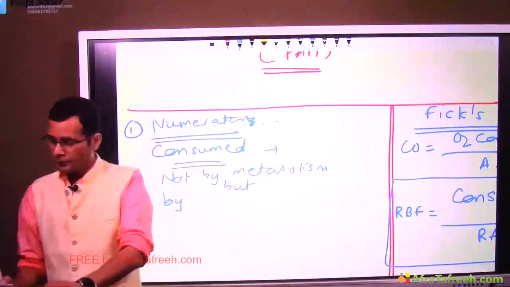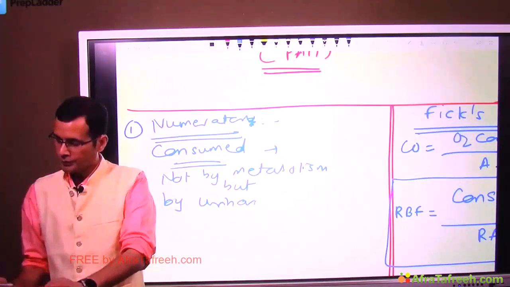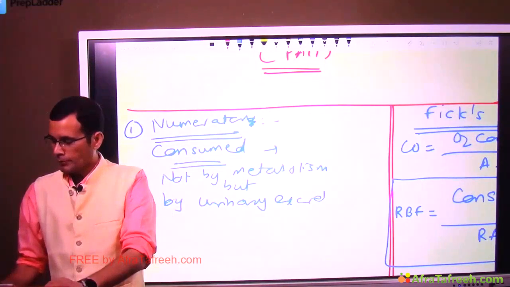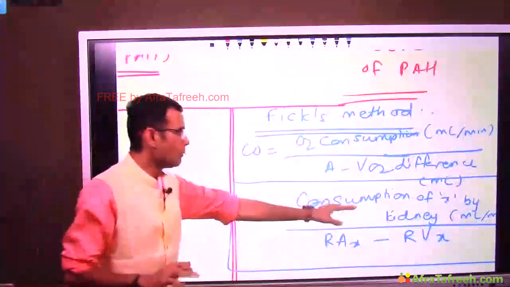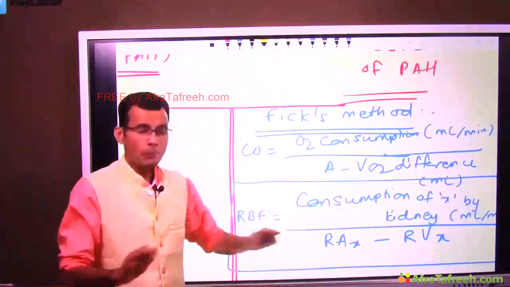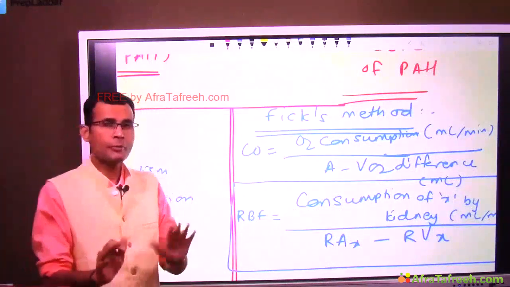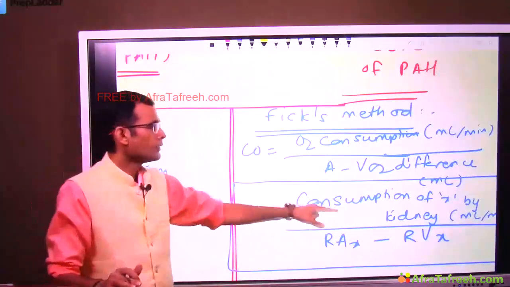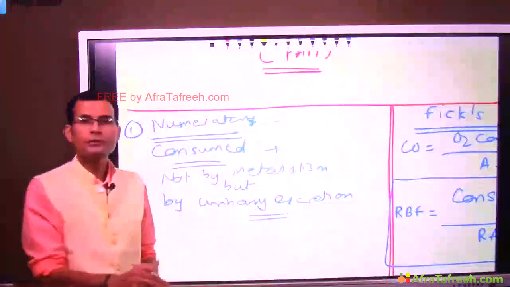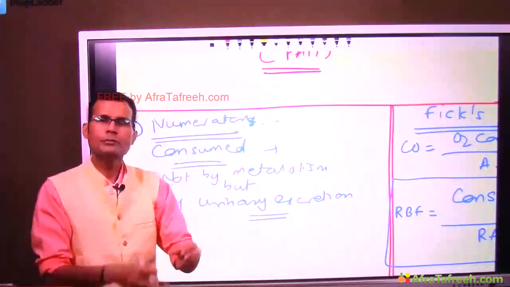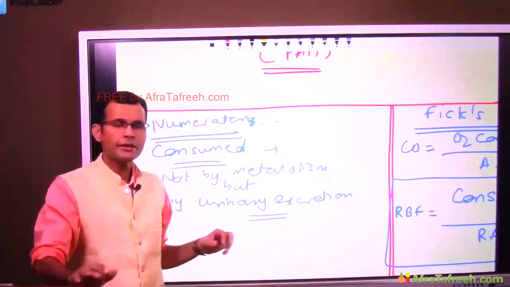By urinary excretion. We are looking at such a substance X which should be consumed by the kidney but not by metabolism. The kidney should not metabolize it. Then the kidneys should excrete it into the urine. Consumed means excreted out of the body, excreted by the kidneys.